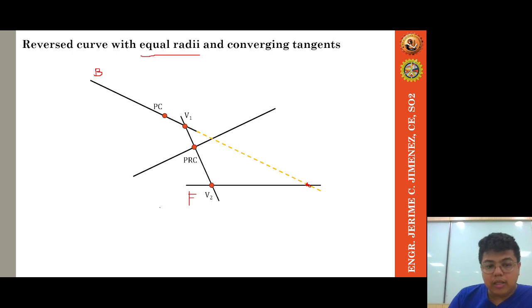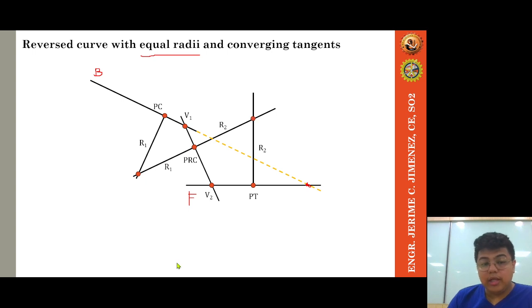And we also get the distance from PRC to V2, and transfer it to the forward tangent. Let's call that point PT. And then we draw the radius and also the second radius. Once all elements are completed, let's draw now the reverse curvature.